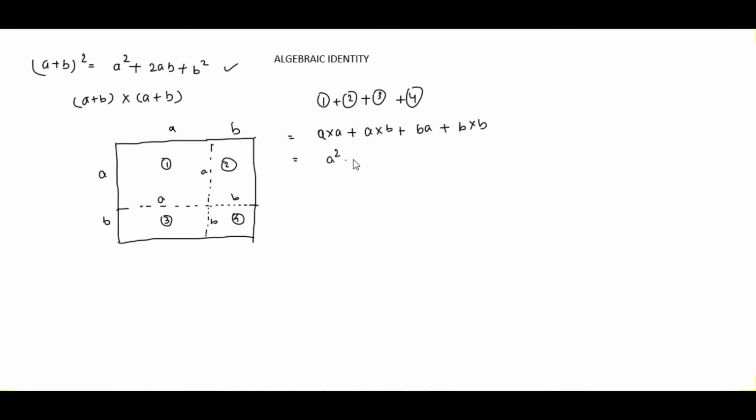A square plus ab, ba we can also write it as ab and b square. Now let's add like terms: a square plus 2ab plus b square. So that's how we can prove this identity by multiplication area method.